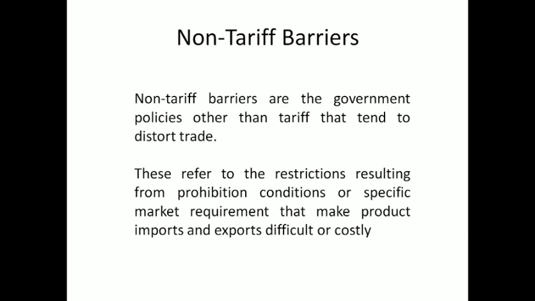So this is applicable not only for these which we have mentioned here, which we would be discussing in a bit of detail, but there are other non-tariff barriers too, like the documentation the government requires, such as rules of origin documentation, to enter the market. Like Mexico requires a norm certification.